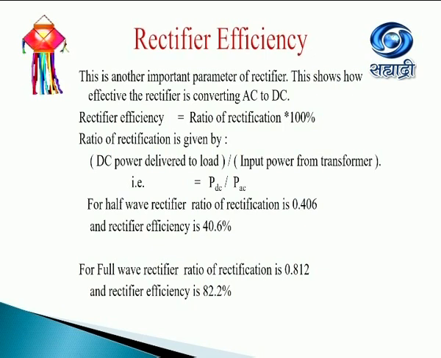The ratio of rectification is given by DC power delivered to load divided by input power from the transformer, that is, power DC upon power AC. For half-wave rectifier, the ratio of rectification is 0.406 and rectifier efficiency is 40.6%. For full wave rectifier, the ratio of rectification is 0.812 and the rectifier efficiency is 81.2%.